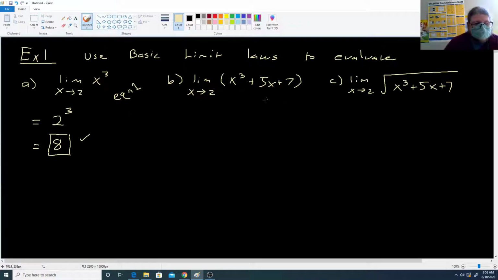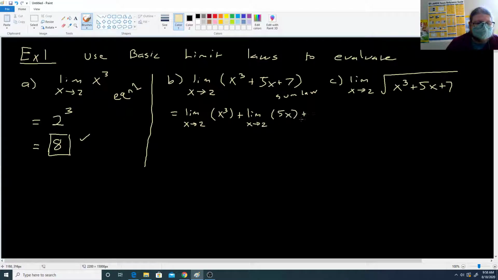For part B, I'm going to start out using the sum law. First of all, when I use the sum law on part B, that is going to let me split this limit as x approaches 2 across the additions. So I'll have the limit as x approaches 2 of x cubed plus the limit as x approaches 2 of 5x plus the limit as x approaches 2 of 7.